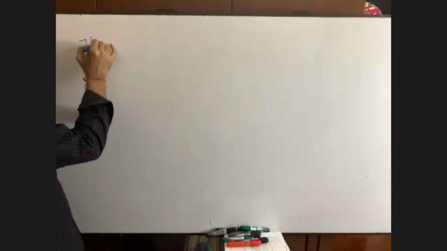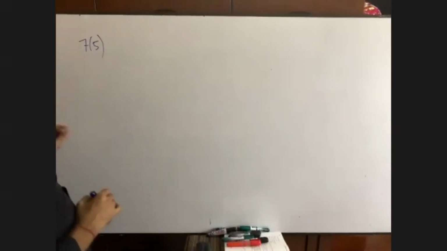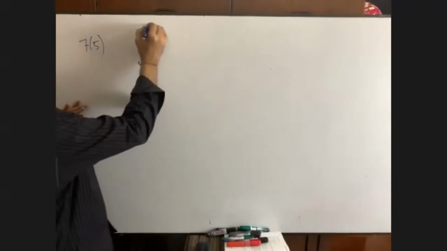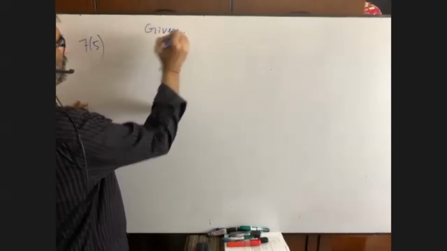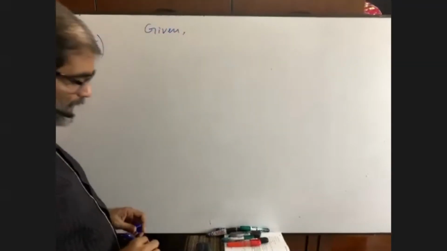Now, going to question number 5 of 7, important math. Very, very important. Pay attention, given. What is given in this math?